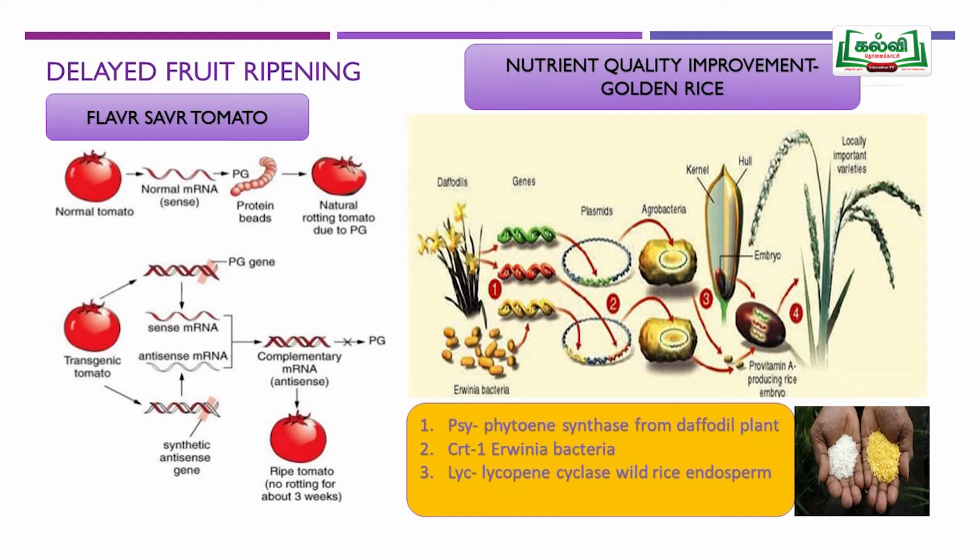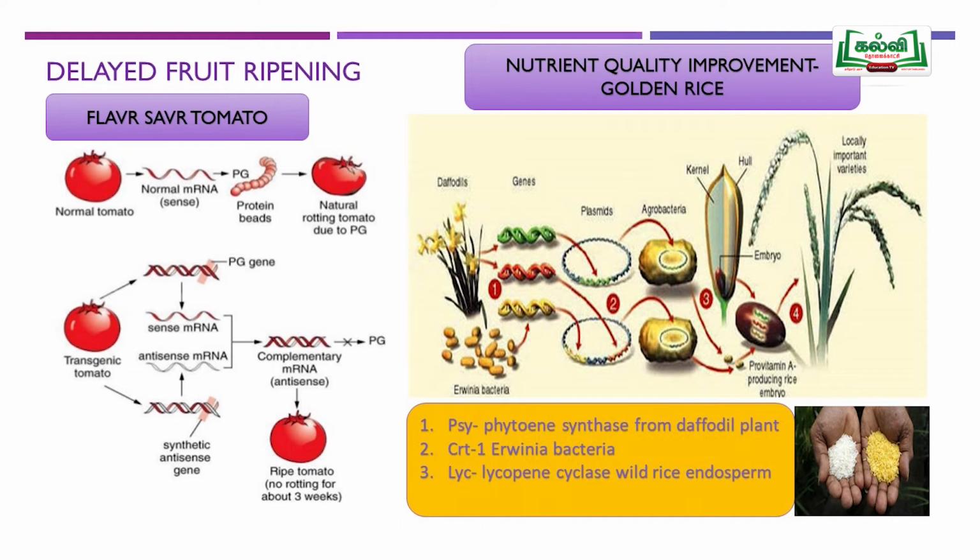Beta carotene is very important because it is a precursor molecule for vitamin A. So vitamin A production will take place if we consume more beta carotene. Night blindness, eye related problems, xerophthalmia like this we may treat by consuming this kind of golden rice.